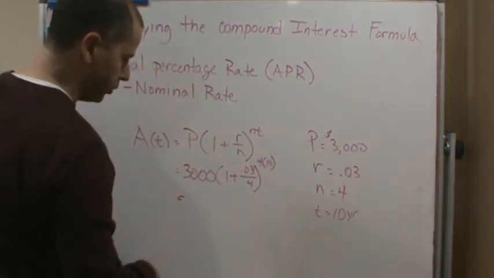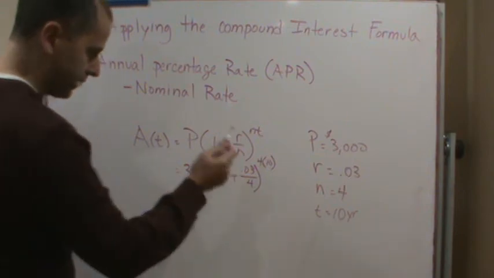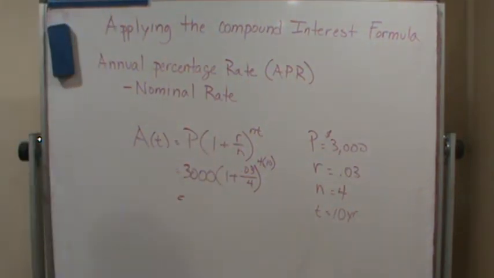Now all we have to do is simplify this and stick it in our calculator. I'm going to round to the nearest penny. Normally you round to the nearest penny or whatever denomination is given, nearest dollar, nearest penny.